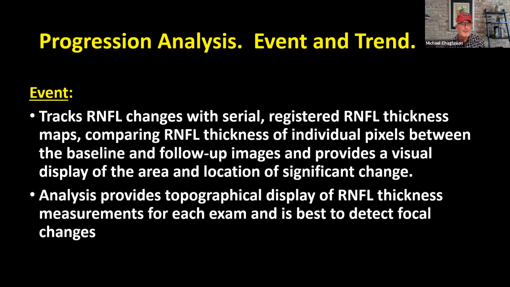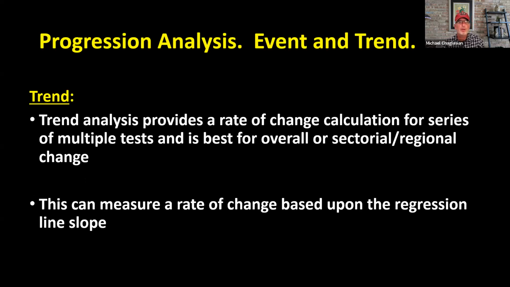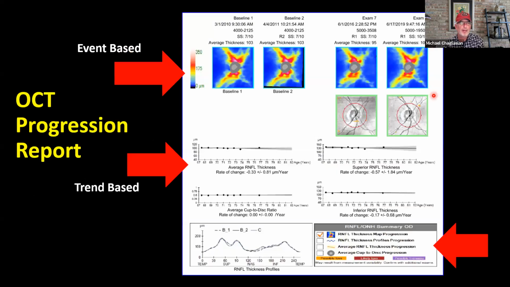And trend analysis is a regression line that is plotted of a series of generally at least 4 to 5 tests where we calculate the slope of the line looking for a significant negative slope. So again, just speaking to OCTs, this is the Guided Progression Analysis report, the so-called GPA report from the Cirrus device.